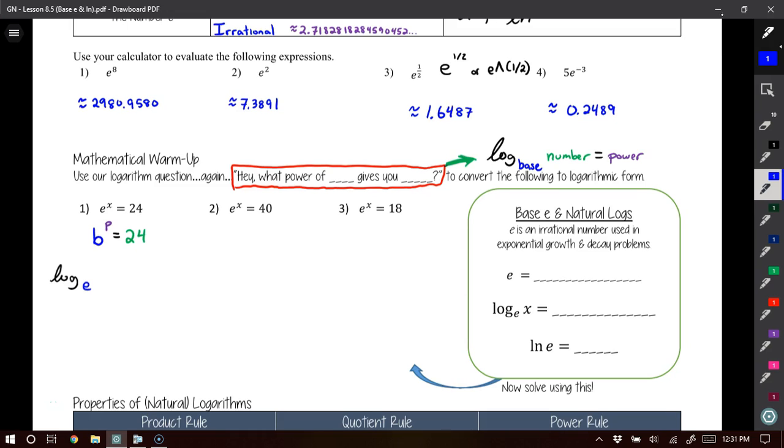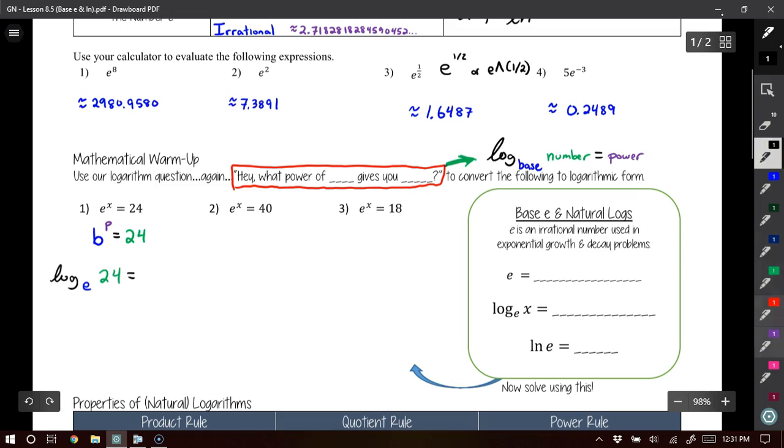So log base e, what power of e gives me 24? And that power, it says, is x. There's your conversion.